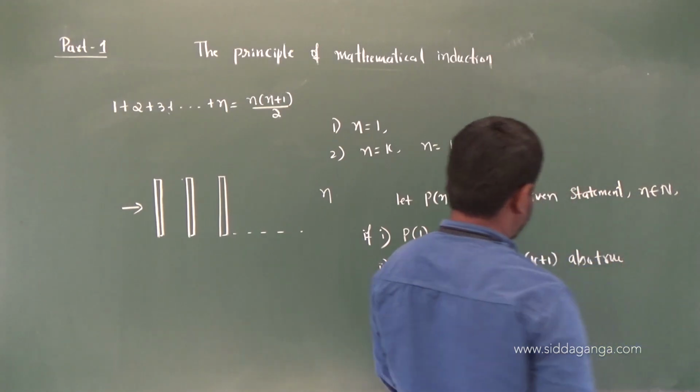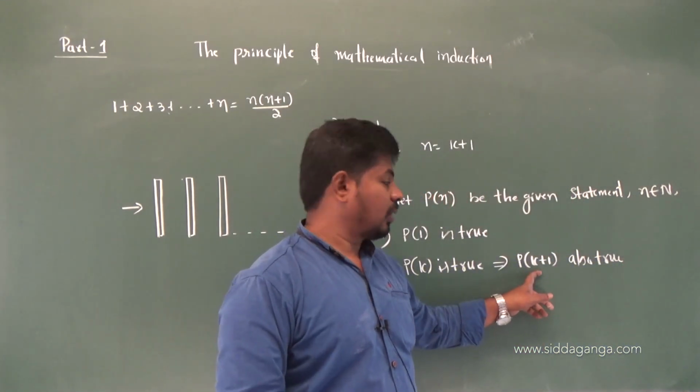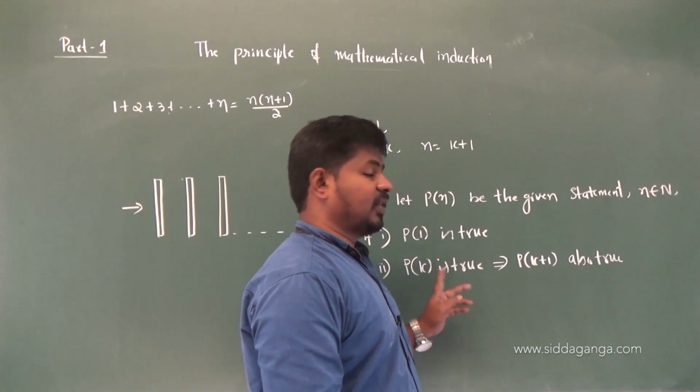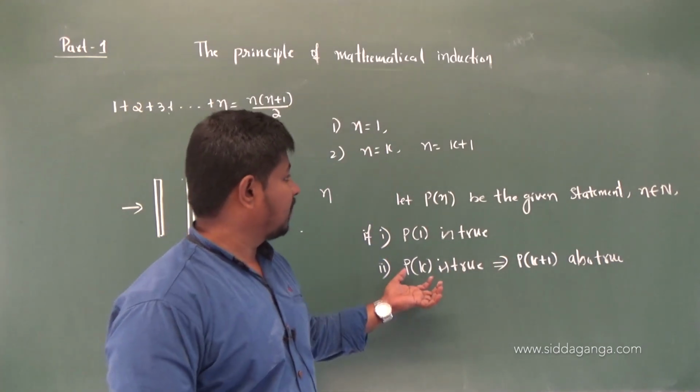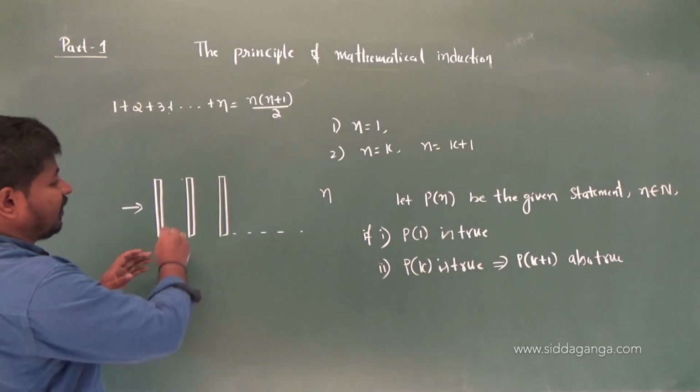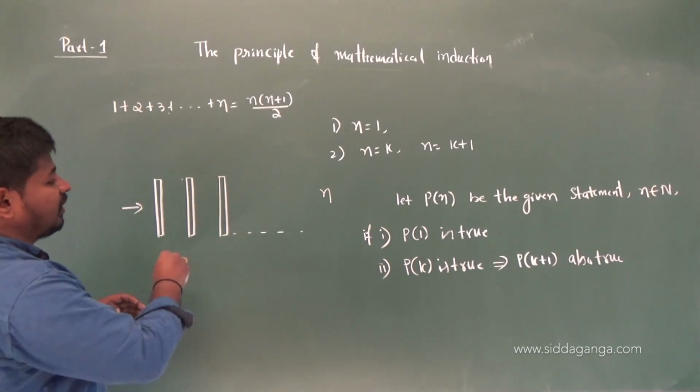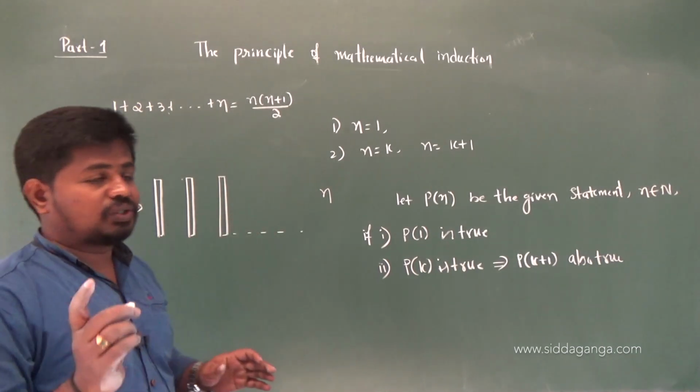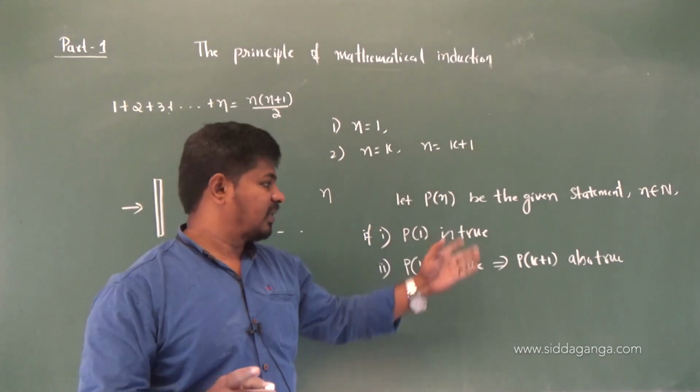You mean P of k plus 1 is true whenever P of k is true. I mean, in the event when the kth book, or in the event when the 8th book falls, you must ensure whether the 9th falls or not, right? That's what I said.